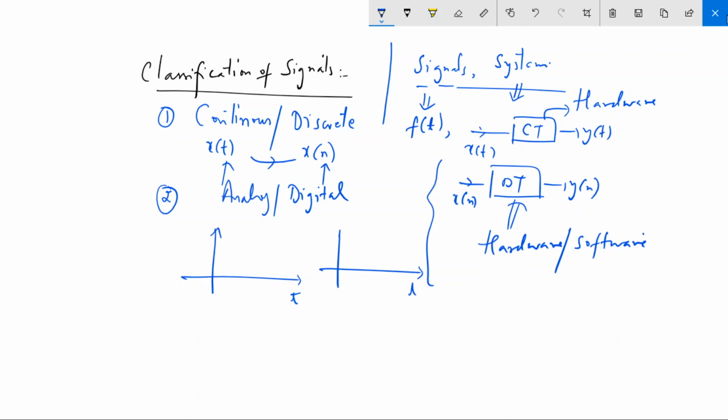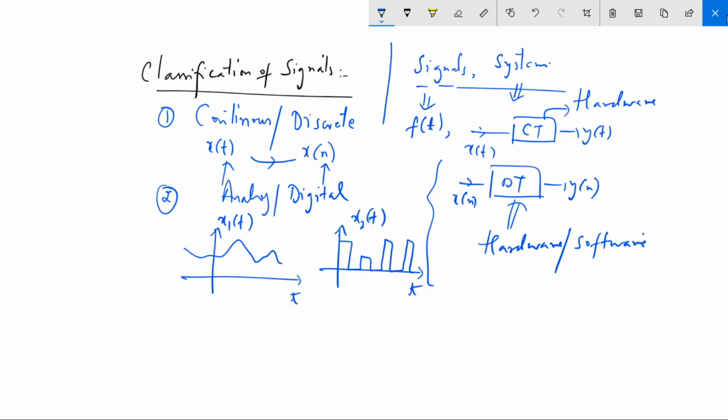So I take two signals here, one is x1(t) and one is x2(t). This has a variation like this, and this signal maybe has a variation like this.